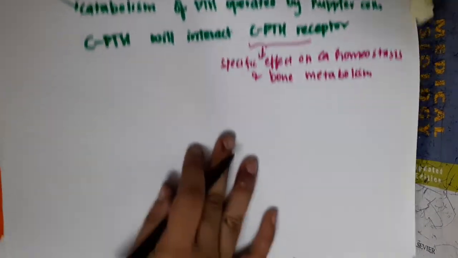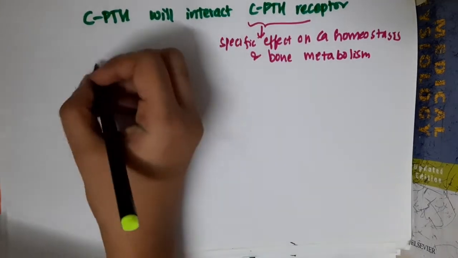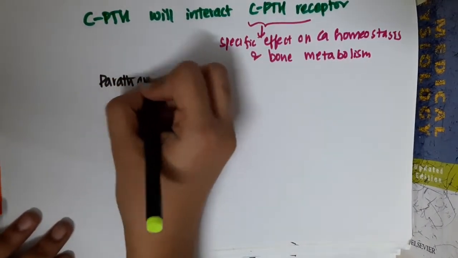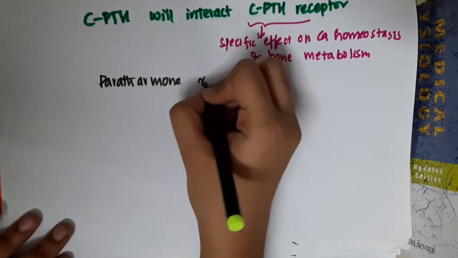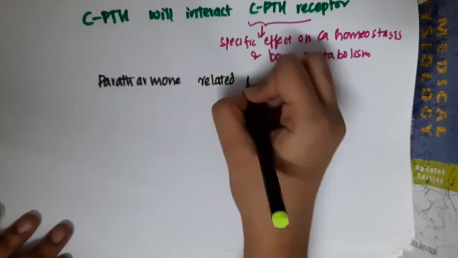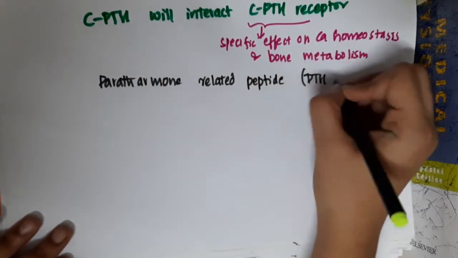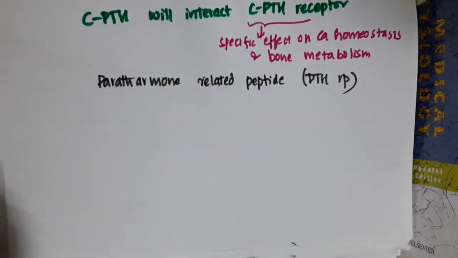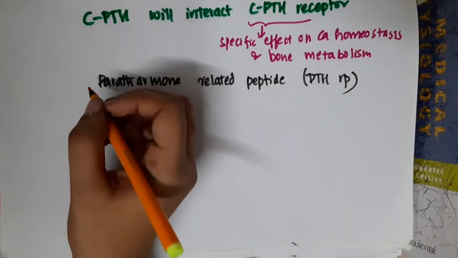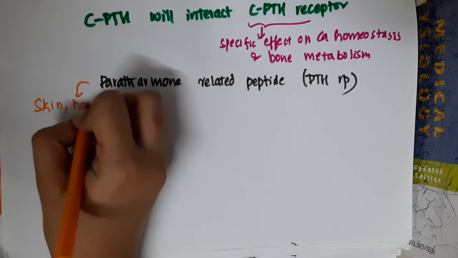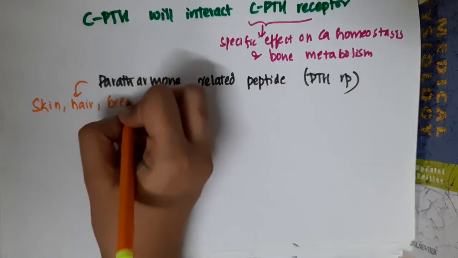Then let us now learn about parathormone related peptide, which is PTHrP. Okay, this parathormone related peptide is produced by skin, hair, breast.